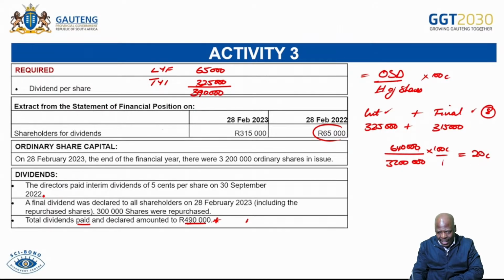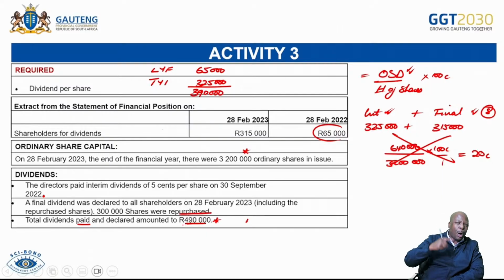This is not correct. Because you have taken this as interim, you have taken this as final, which makes your ordinary share dividends, and you divide it by the number of shares at the end, which is 3.2 million. And it gives you 20 cents. That will not be correct. Why? Because you will see that here they were told that 300,000 shares were repurchased.